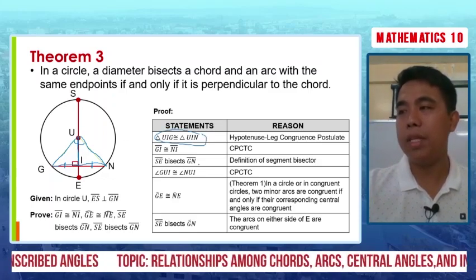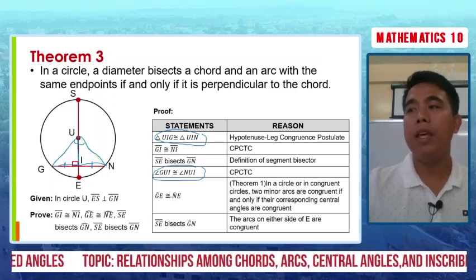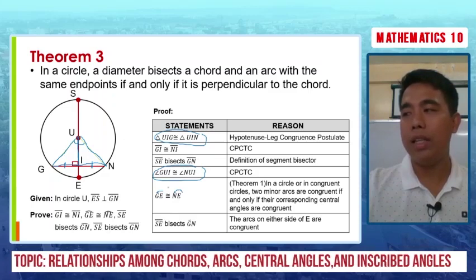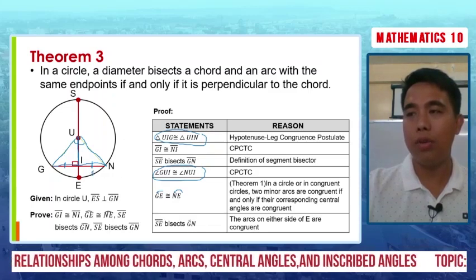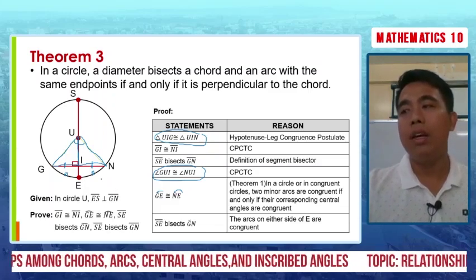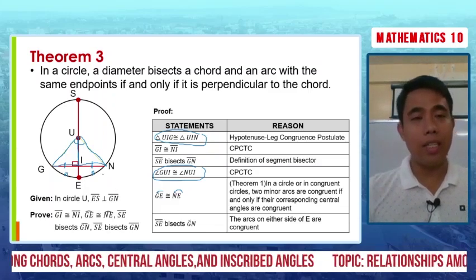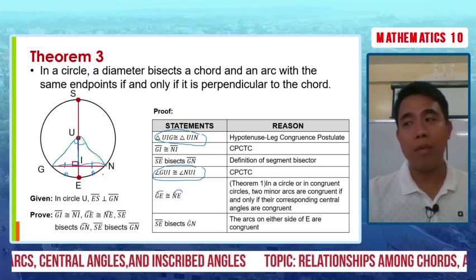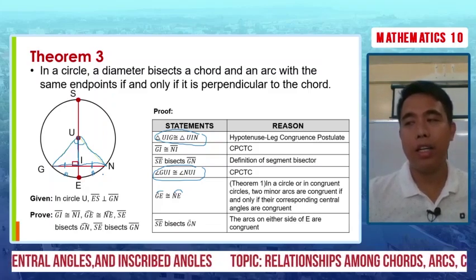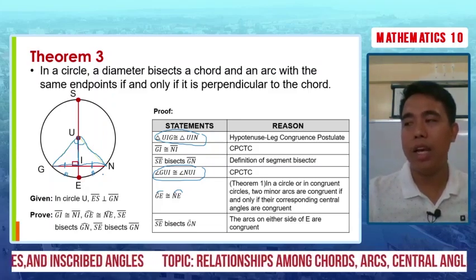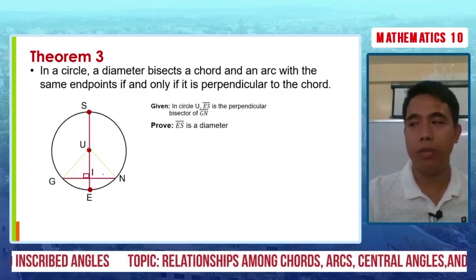Kaya by CPCTC na lang to. And then arc GE is congruent to arc NE by Theorem 1. So congruent yan by Theorem 1. And then we can now conclude that segment SE, or yung diameter, bisects arc GN by the arcs on either side of E are congruent.